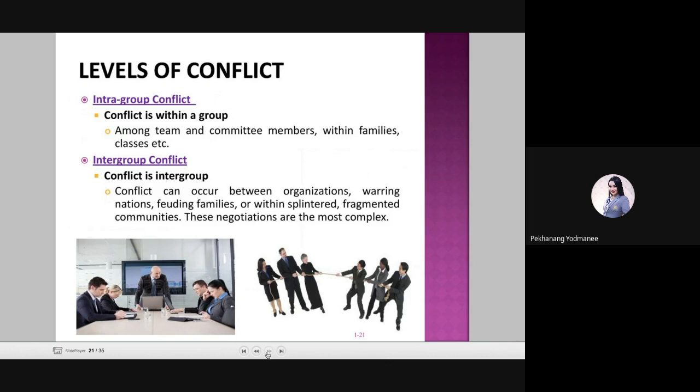At the intra-group level, we analyze conflict by its effect on the ability of the group to make decisions, work productively, resolve its differences, and continue to achieve its goals. Within group negotiations in various forms.